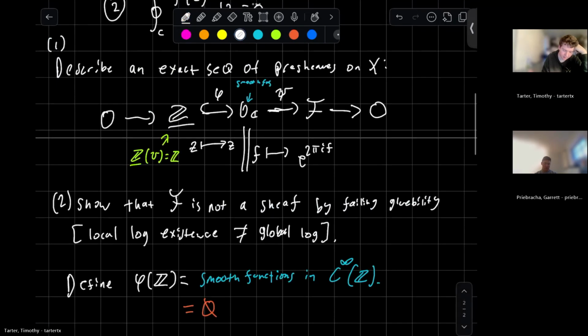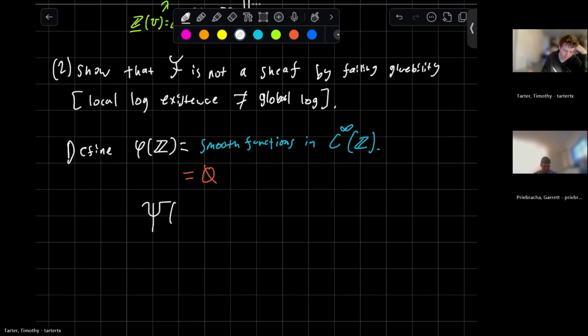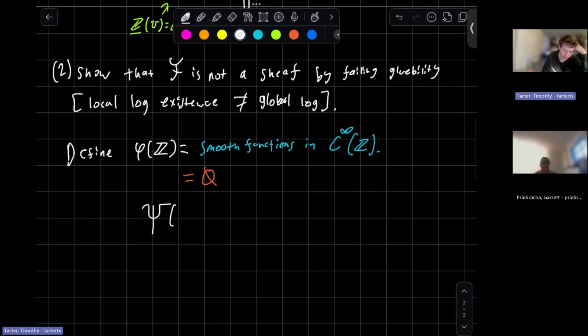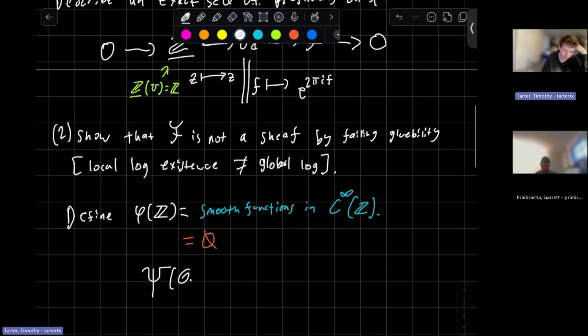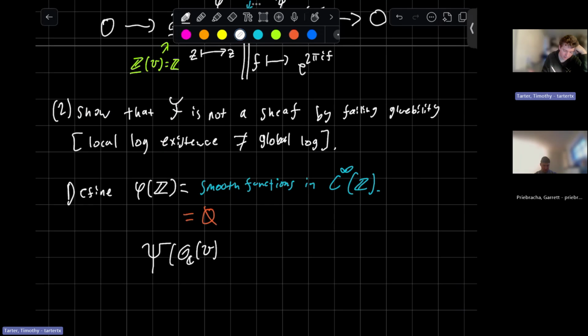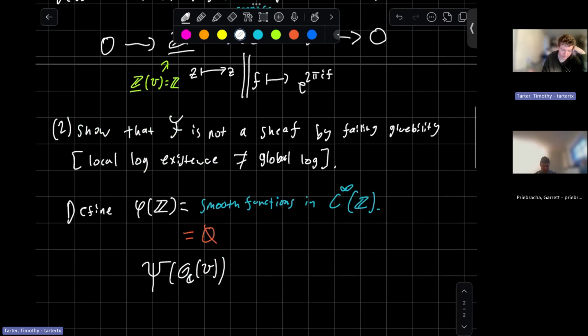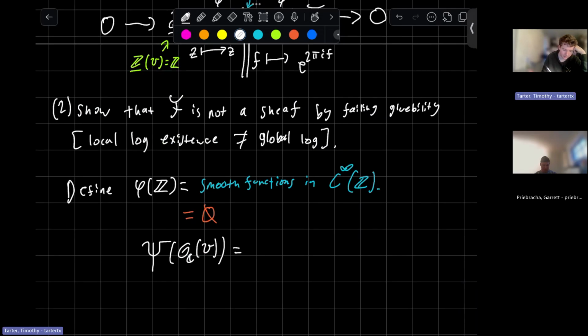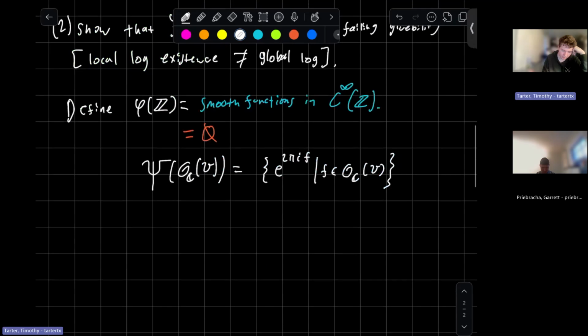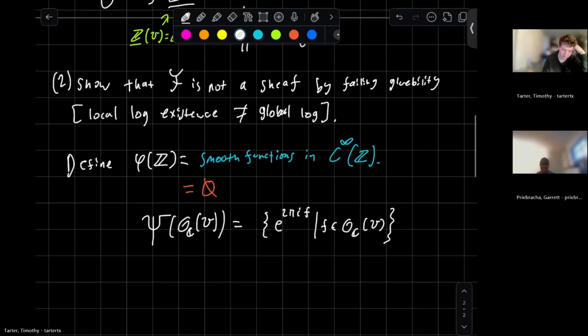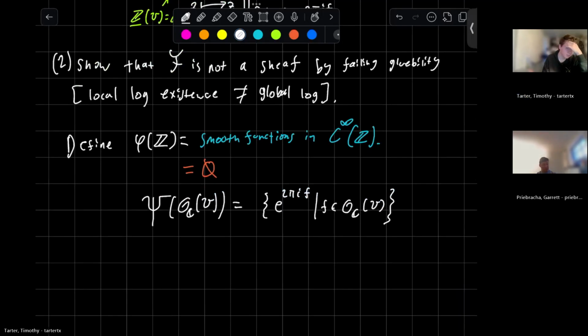And then for psi, we're taking a section of functions on an empty set, or on a set, and then we're sending this to the collection of e to the 2 pi I f such that f is in C U. And it's worth noting that this is an injection by the construction.